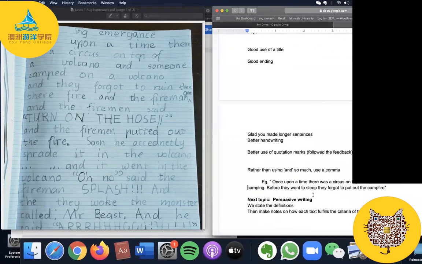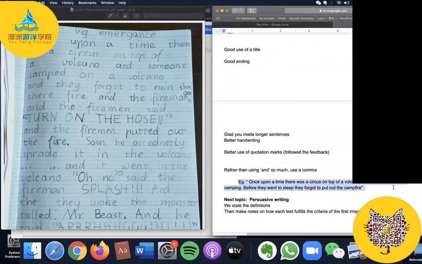Lewis, can you please read this sentence here on the right-hand side of the screen? Once upon a time, there was a circus on top of a volcano where someone was camping before they went to not sleep. Okay. They didn't sleep there. Okay, they already finished their camp. Is that better?